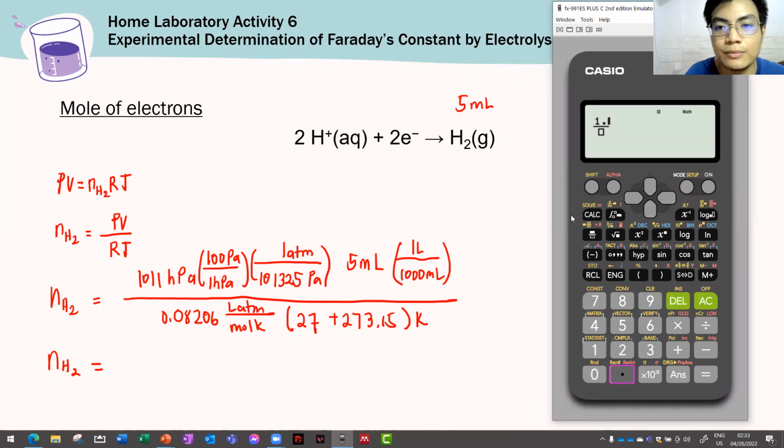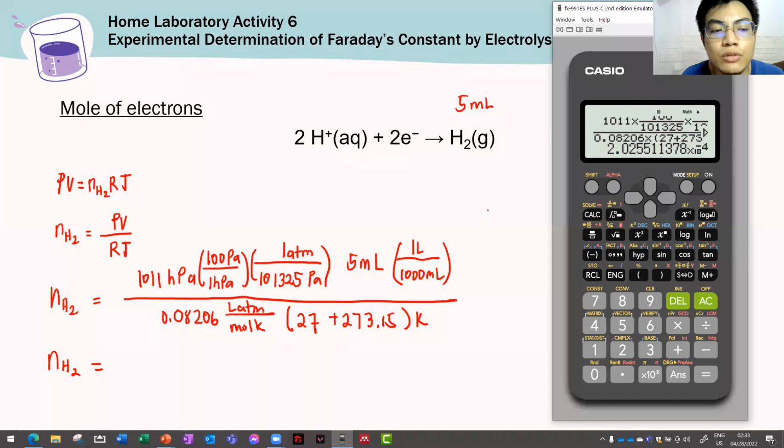So we have the hectopascal converted into atm, then the volume converted into liters, the gas constant, and then the temperature, which will be converted as well into Kelvin.